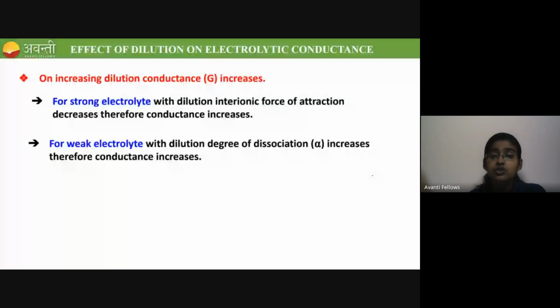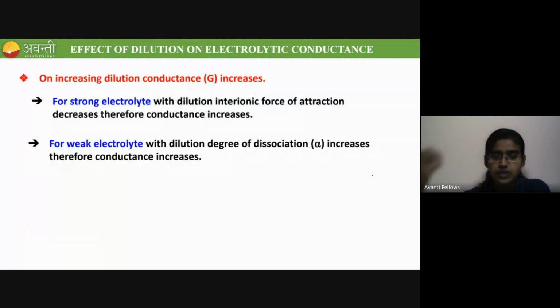For a strong electrolyte, meaning strong acid or strong base, if you increase the dilution, the interionic force of attraction decreases because ions separate easily. So more ions will move in the solution, and more movement of ions increases the conductivity. That's why the conductance increases.